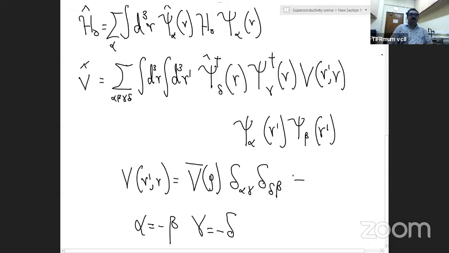So this is spin independent scattering, and then this is choosing the singlet channel.